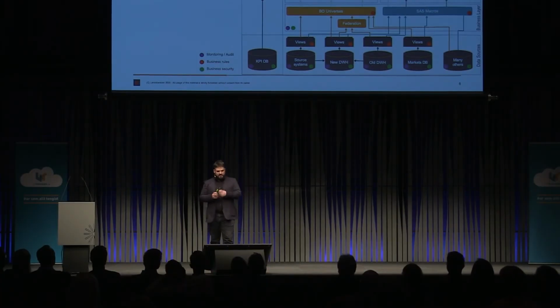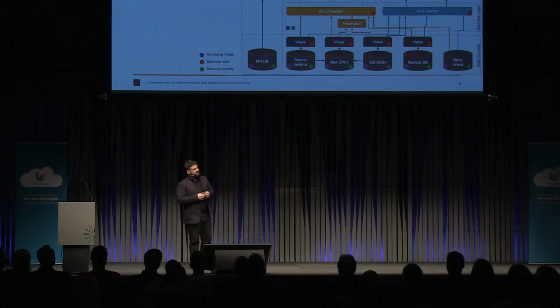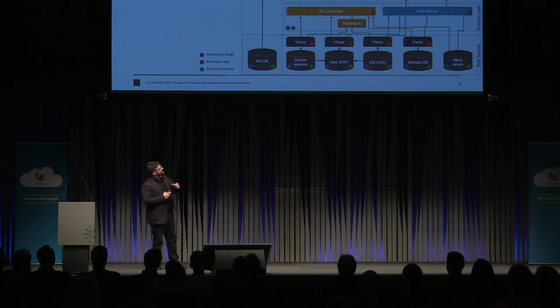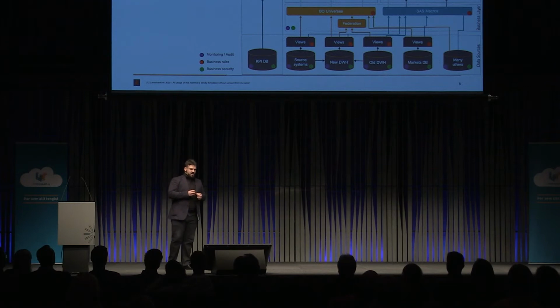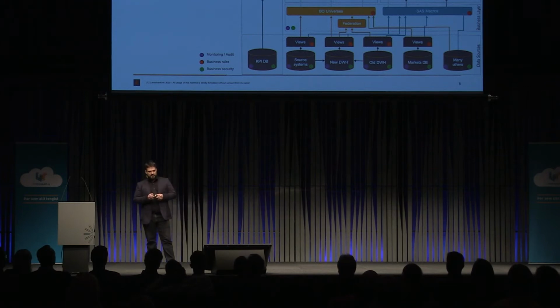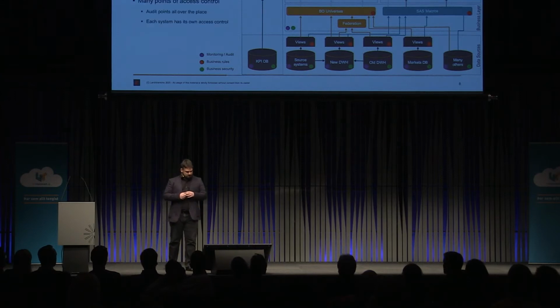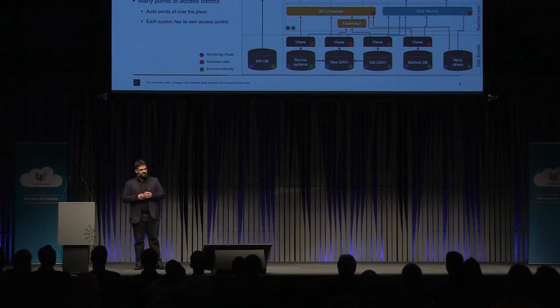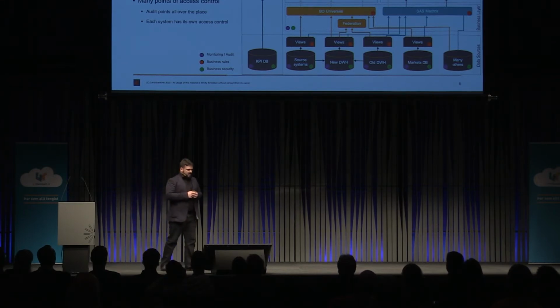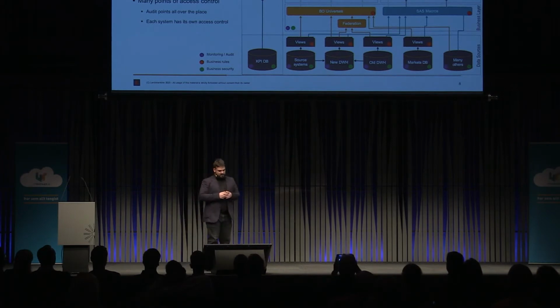Every red dot in that simplified schema would be a place where some business logic is stored, so it was easy to lose track of that. Same thing with access control. We would have a lot of places where you can control the access. So this had to change, obviously.